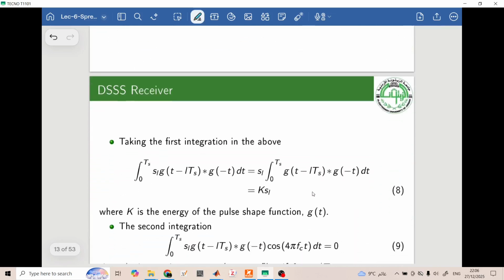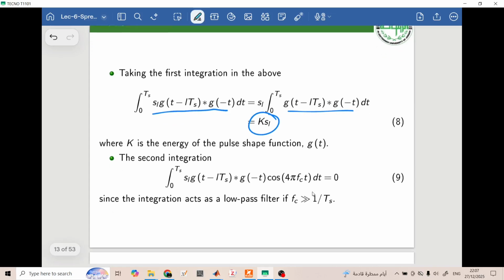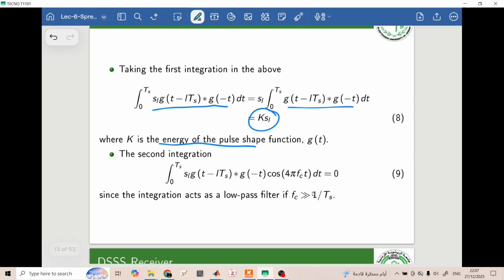Then, taking the properties of the match filter, we recognize that this is the first integral. So we get the signal multiplied by some gain, and this gain is related to the pulse energy. As for the second integral, we get 0 here, because those two are not synchronized.